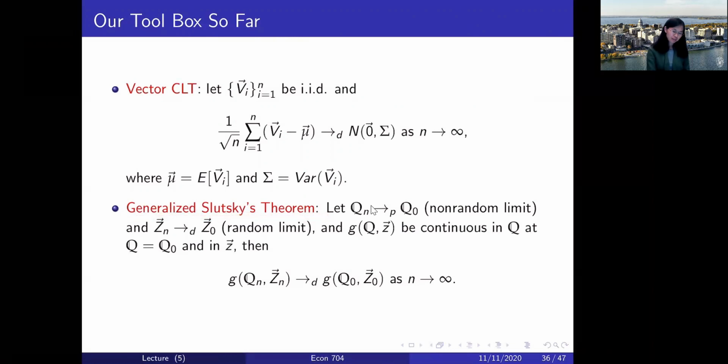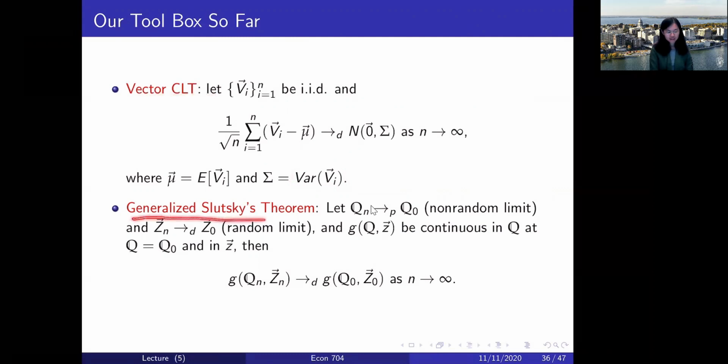The vector central limit theorem says that if you have an IID sample of random vectors, then square root n times the sample mean of the random vector minus the population mean converges in distribution to a normal random vector with mean zero and variance-covariance matrix sigma, that is, sigma equals the variance of the Vi vector. So that is the vector central limit theorem.